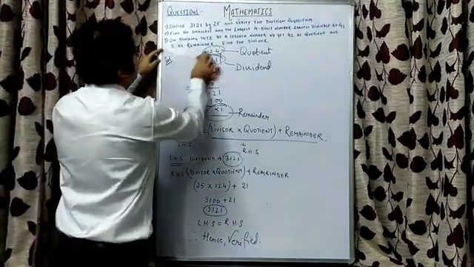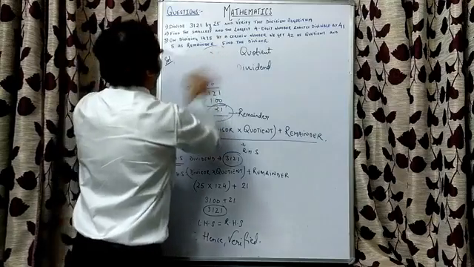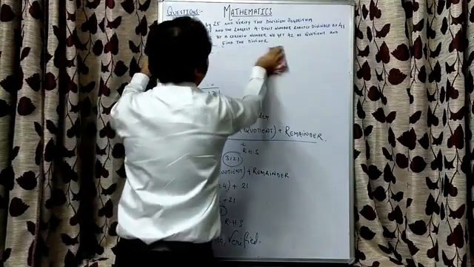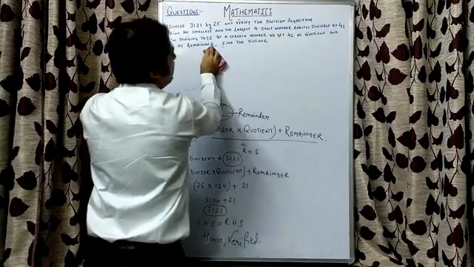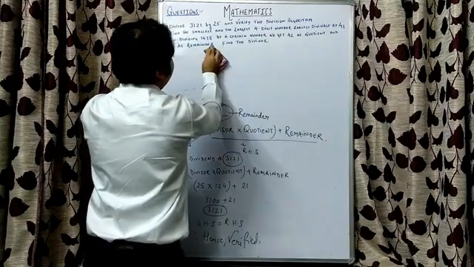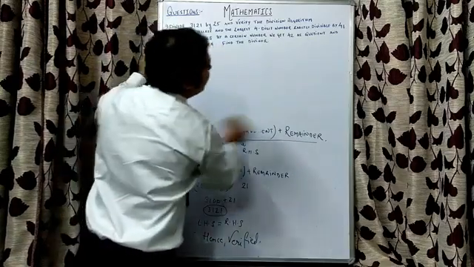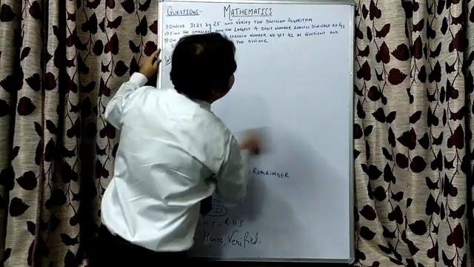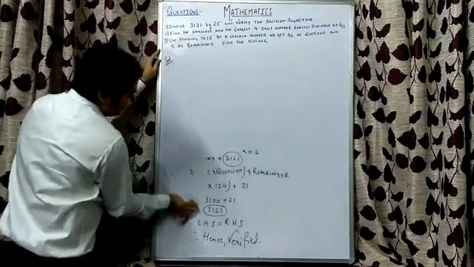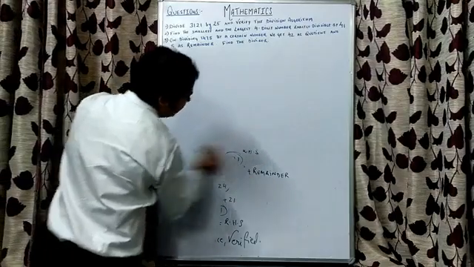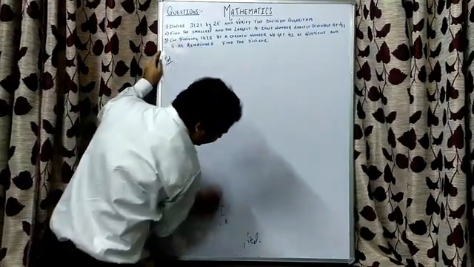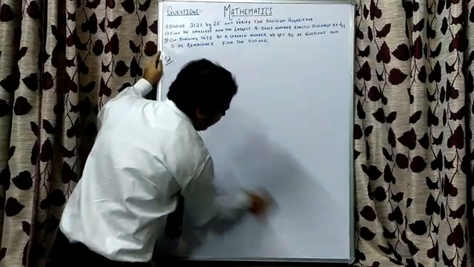Now in question 2, children, if you will observe, question 2 says find the smallest and the largest 4-digit number that is exactly divisible by 41. So we have to find the largest and the smallest 4-digit number that is exactly divisible by 41.